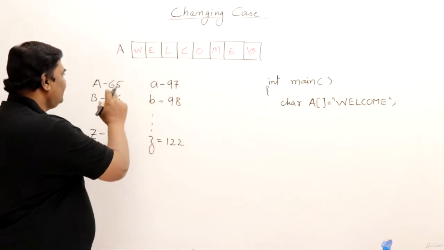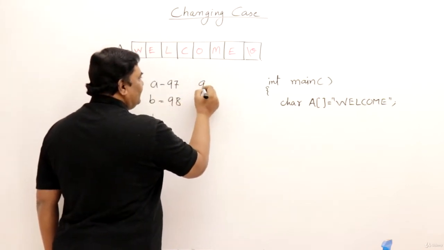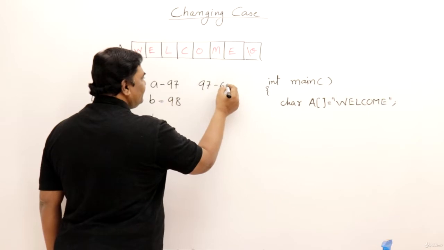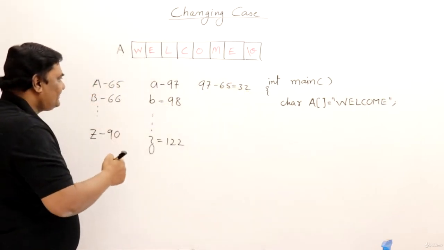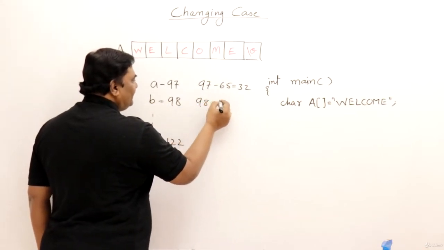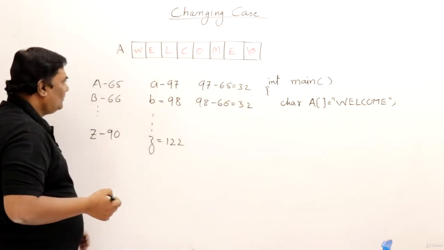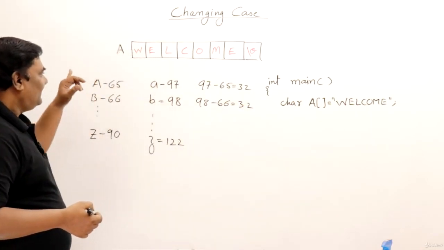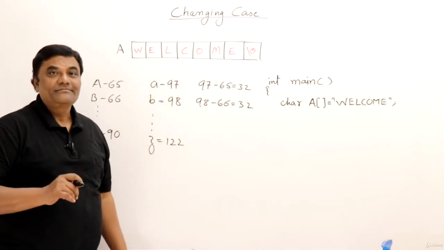So how is it possible? The code is 65, and this is 97. What is the difference? 97 minus 65 is 32. What about the difference between these two alphabets? 98 minus 66 is again 32. So the difference between uppercase and lowercase letters is 32.